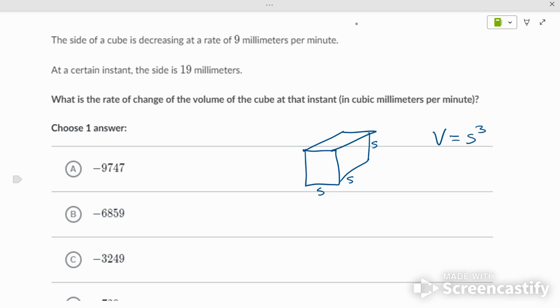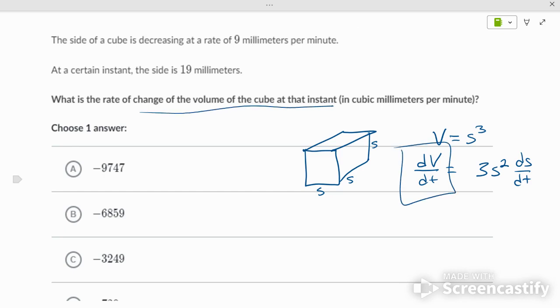Now, the volume is changing with respect to time. So how do I take the first derivative of this? dV/dt equals 3s squared ds/dt. It says, what is the rate of change of the volume? I'm looking for dV/dt. So I got to fill in the s and the ds/dt.